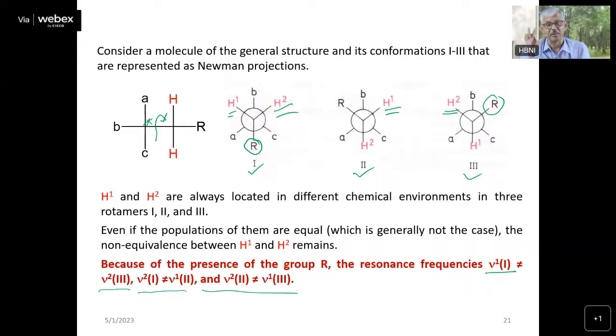That's why their chemical shifts are different. There could be an accidental equivalence, that I have told you. Even protons that are not coupled to each other can have the same chemical shift. Let us say in a particular machine you are getting a chemical equivalence. If you go to a higher field machine, you will see a difference, and then we will call them not chemically equivalent.